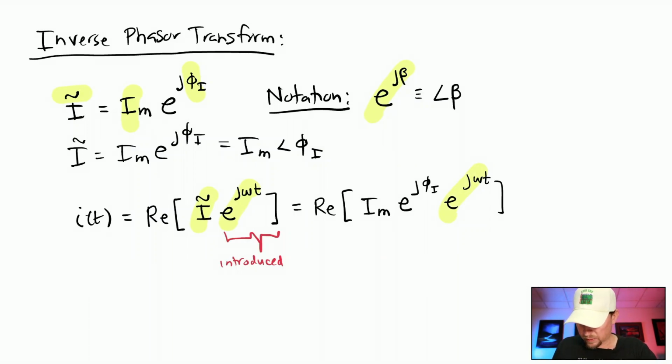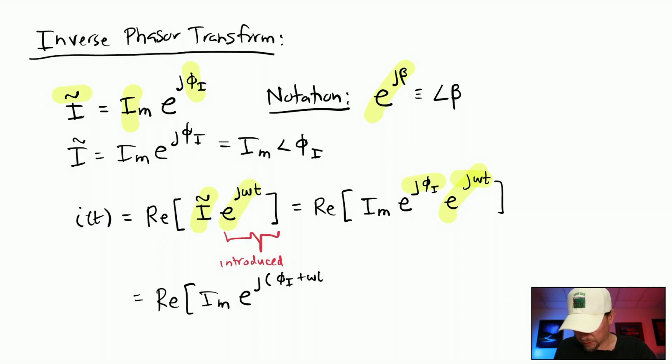Now, I can put both of these portions into the same exponential. So I can rewrite this as the real part of I sub m e to the j, phi sub I plus omega t.